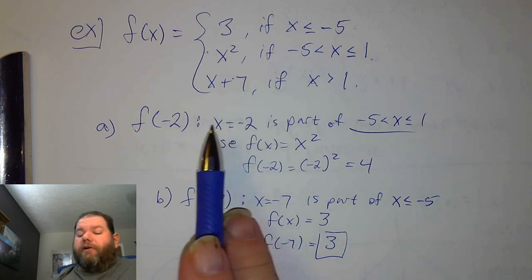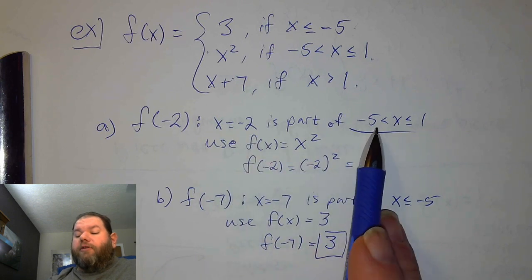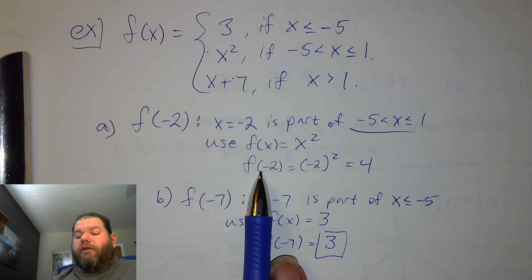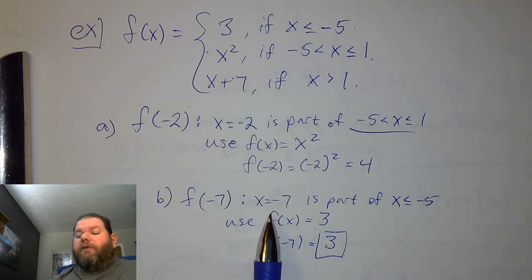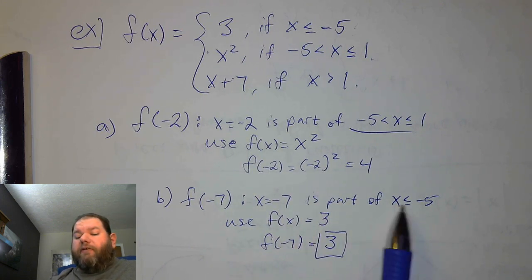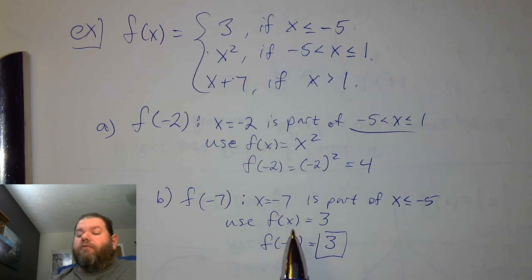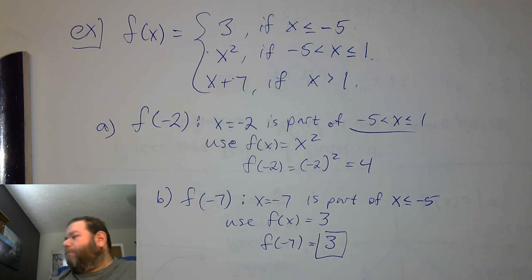We know that because the value of x we plug in is between these two numbers, we'll use this function here and then calculate it. Because this number, negative 7, is part of this domain, which is less than or equal to negative 5, we'll use this function and then plug in our value and evaluate. Okay.